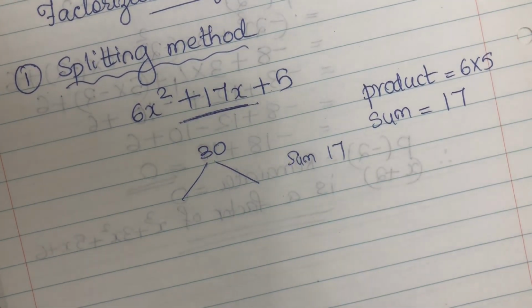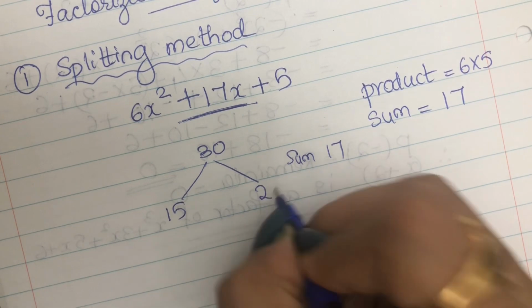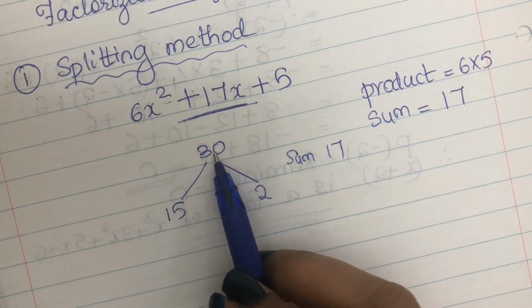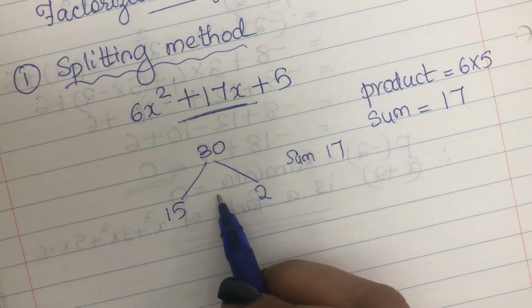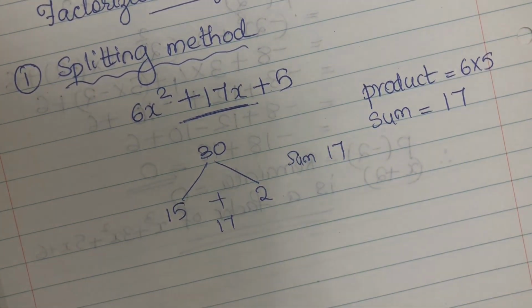We have to find two numbers with product 30 and sum 17. We know 15 into 2 is 30, and 15 plus 2 is 17, right?